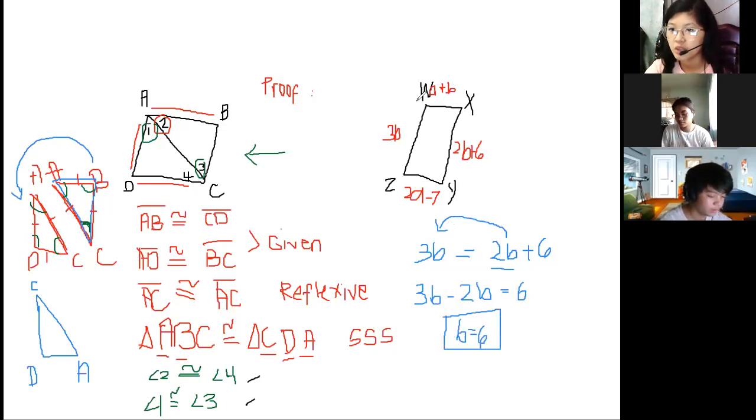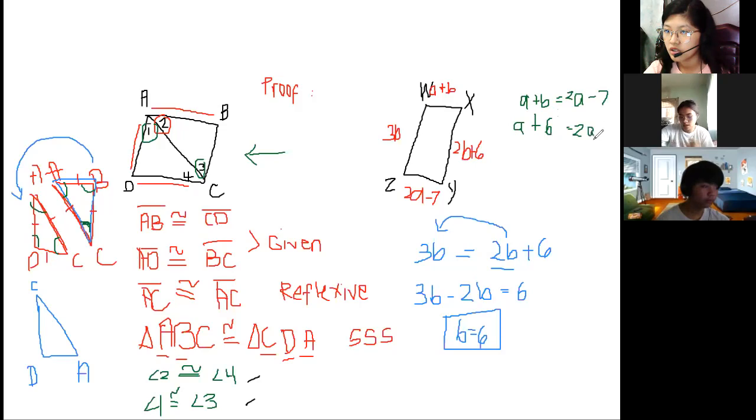So, ngayon, pwede na natin i-apply yung sa WX is equal to ZY. So, we have WX, A plus B, equals yung ZY natin, 2A minus 7. So, i-substitute lang natin yung nakuha nating value ni B. So, we have A plus, ang B na nakuha natin ay 6, equals 2A minus 7.